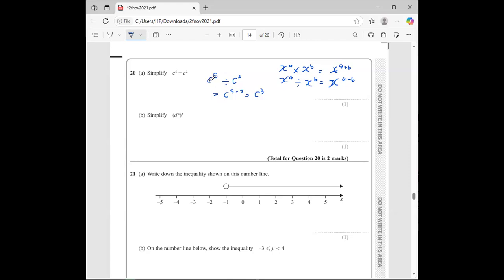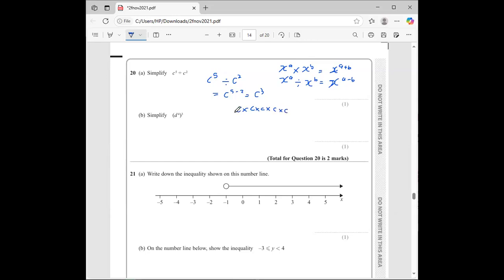C raised to power 5 is C times C times C times C times C in 5 places, right? So if you really want to show your working, which I'm doubting that they will ask you for, it's more like proving the law. I don't think they will ask you for this, but let's just do it in case they say so.